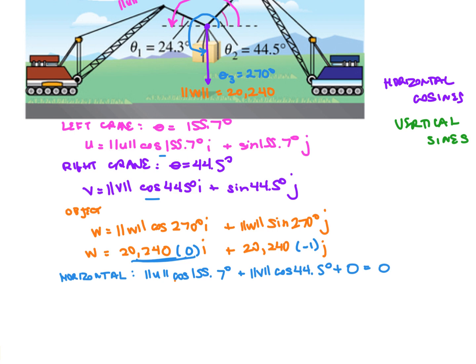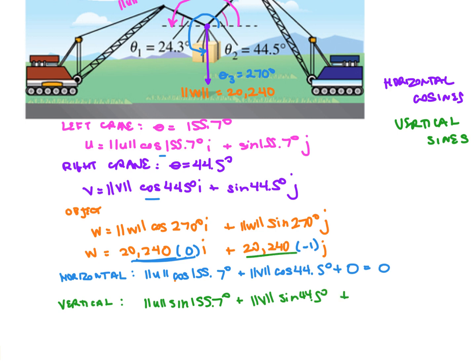Let us do our vertical equation. We're just going to take all of the sines. So we have the magnitude of u sine of 155.7 degrees plus the magnitude of v sine of 44.5 degrees plus our last one.